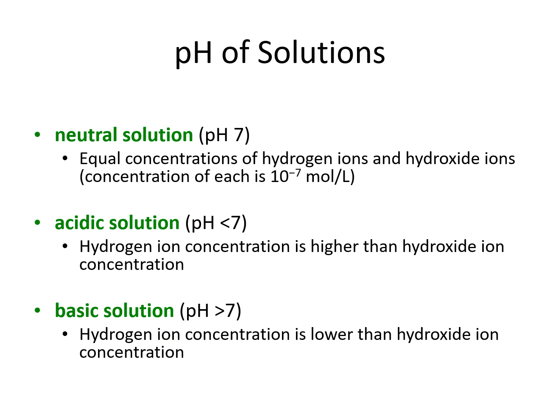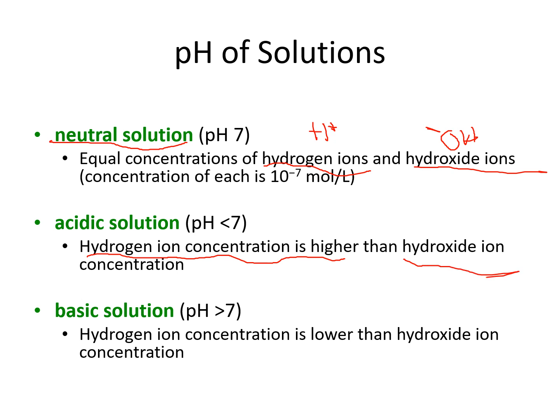So this is what I was referring to a minute ago: if it's a neutral solution, which is a pH of 7, you're going to have equal concentrations of hydrogen ions, which is H, and hydroxide ions, which are OH. In an acidic solution, you're going to have lots of hydrogen ions, and that's going to be higher than the hydroxide ion concentration, right?